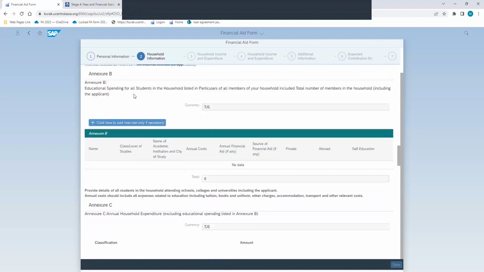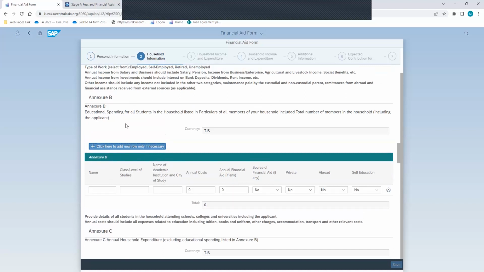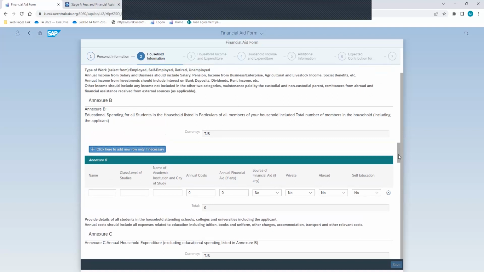So, coming to Annex B, it is regarding the educational expenses of the household. In my case, as I was the only student, I'm writing down my name, John. Let's say I'm in 11th grade. Name of the academic institution and city of study.